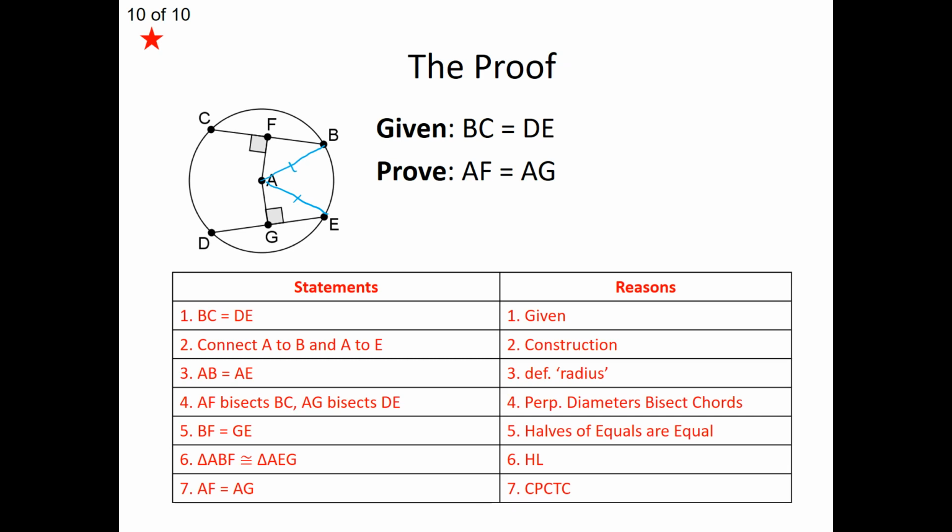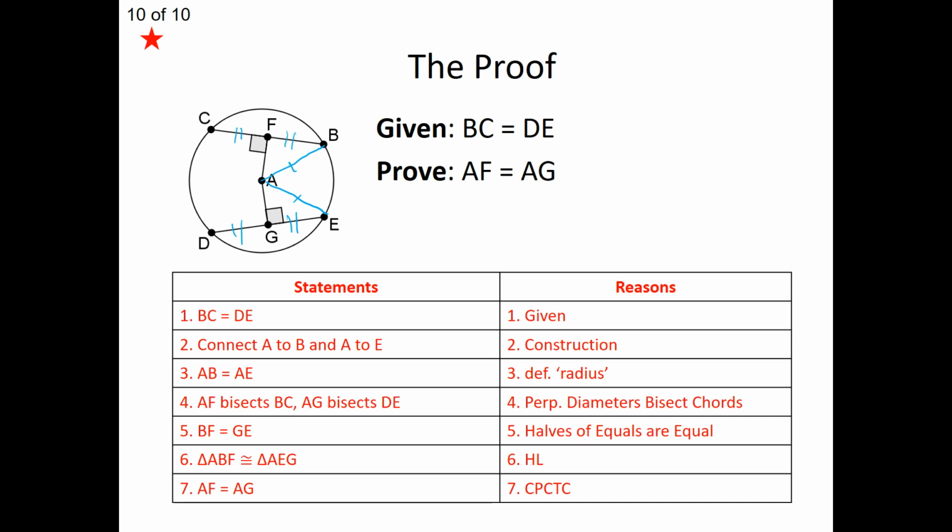We can claim G is a midpoint because of a theorem we just proved a couple slides ago, which is that perpendicular diameters bisect chords. We can also claim that the halves of equals are equal. In other words, all four of those segments, FC, FB, GD, and GE, are all equal to each other. I should actually put double hash marks on those.